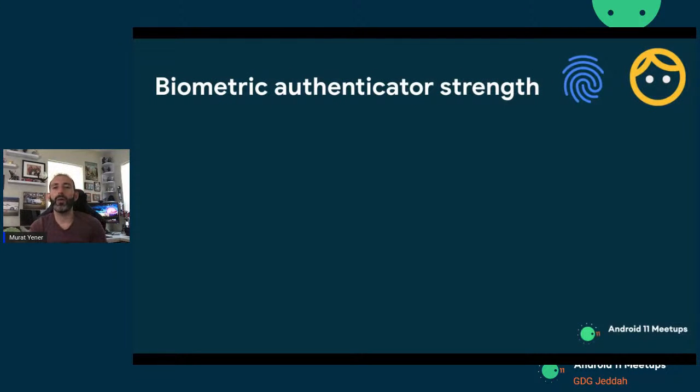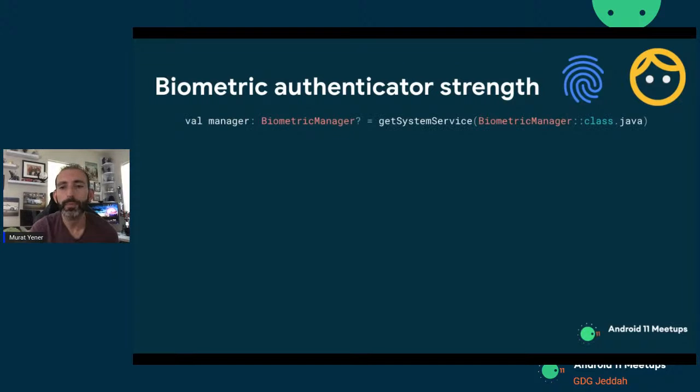However, these authenticators have different strengths, and in your app, you might look for a stronger authenticator than the user used, such as if you're writing a banking app and doing money transfers, you probably want to rely on a really strong authenticator rather than a weak one.